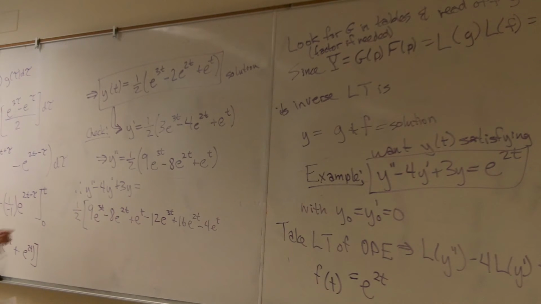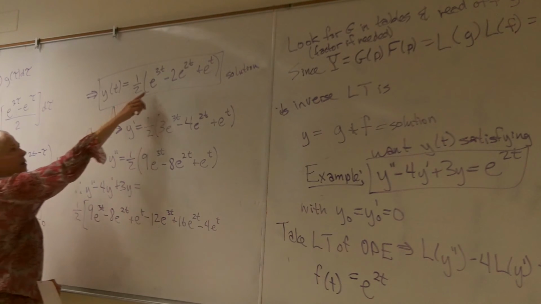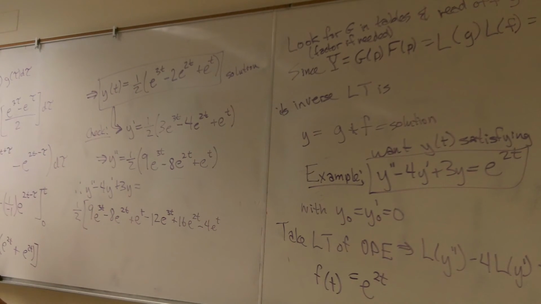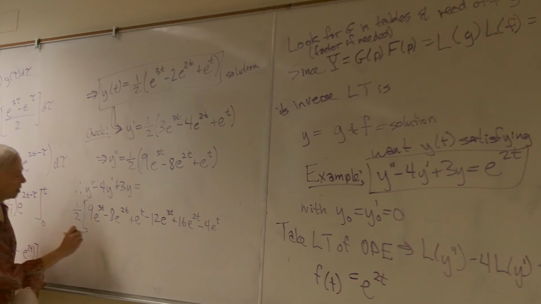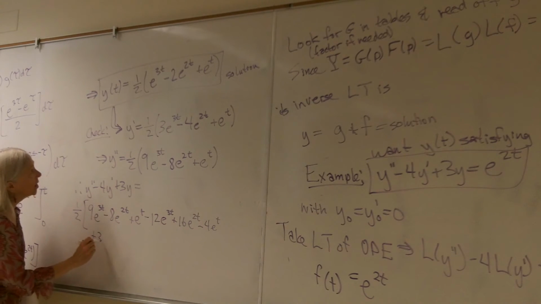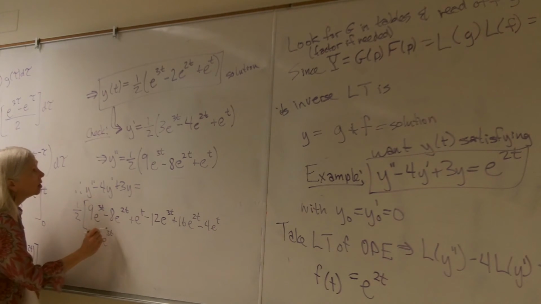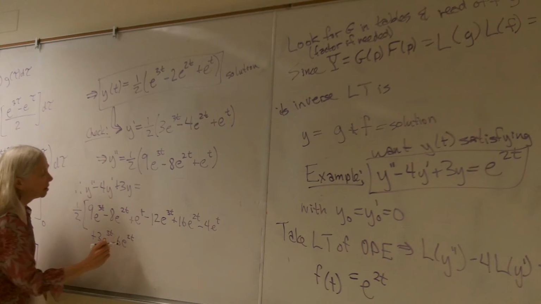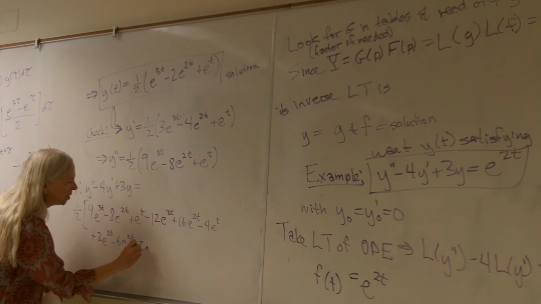And then plug in 3 times y. So here's our y. We've already pulled the 1/2 out in front, so just multiply the rest through by 3. So that's plus 3e to the 3t minus 6e to the 2t plus 3e to the t.